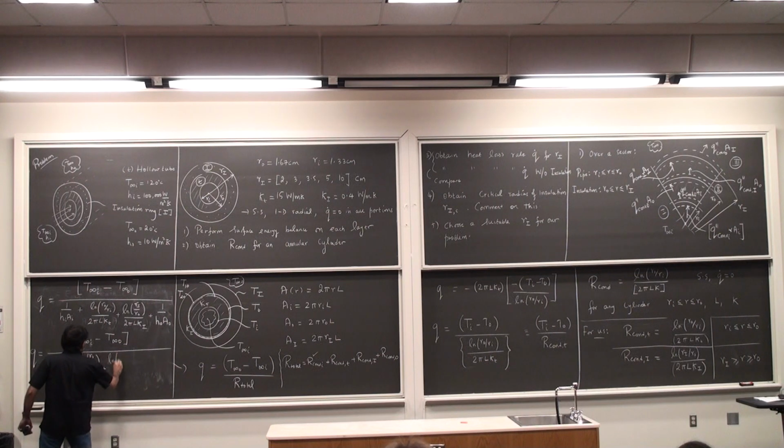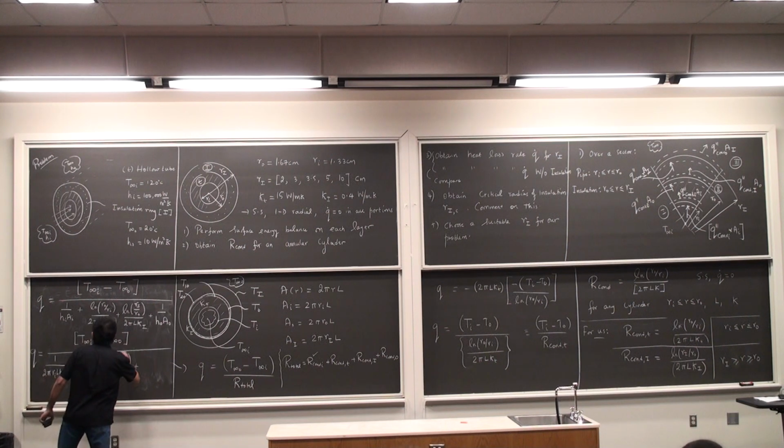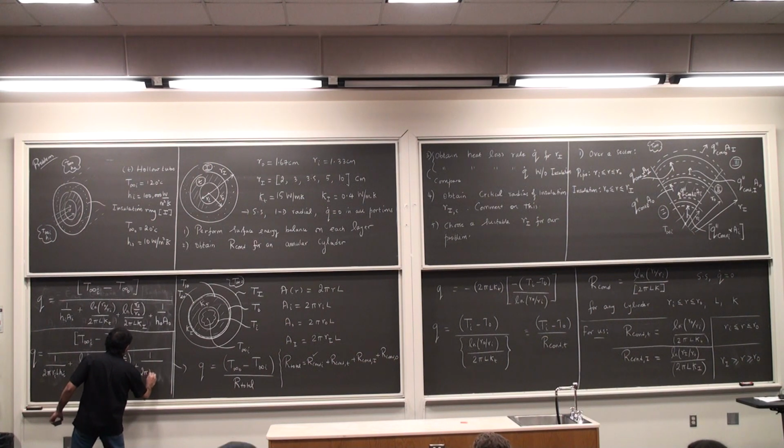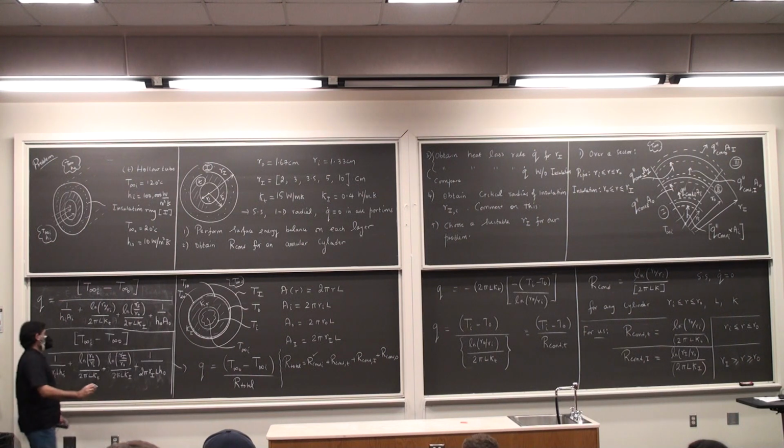Third one, R capital I by R0 over 2 pi L Ki. And the last one, plus 1 by 2 pi Ri L h0.